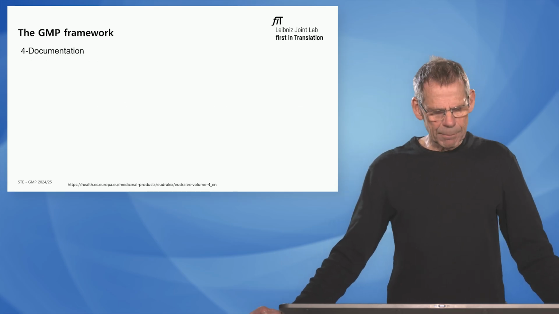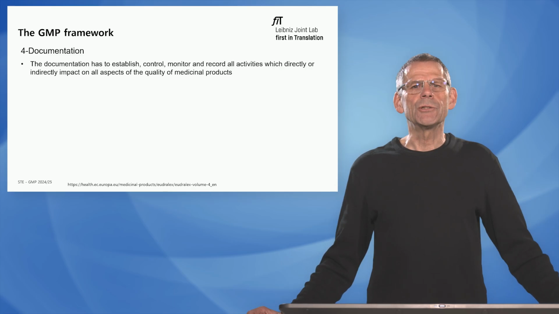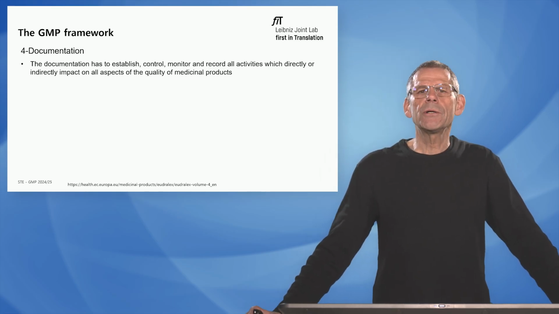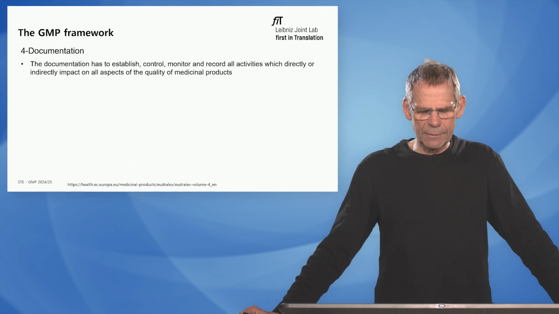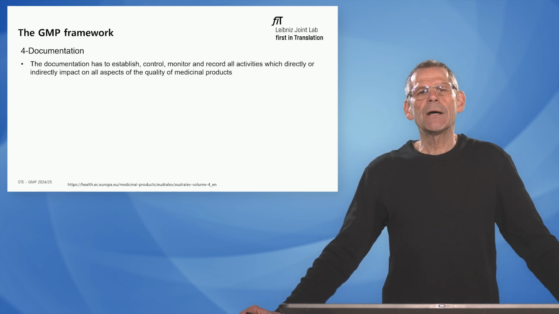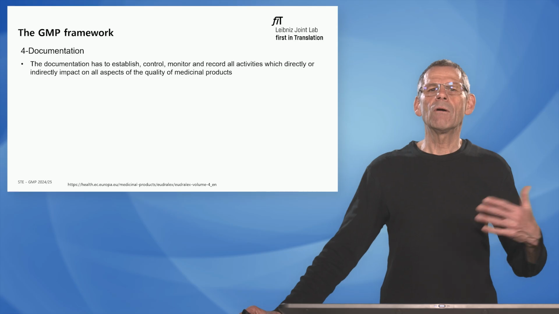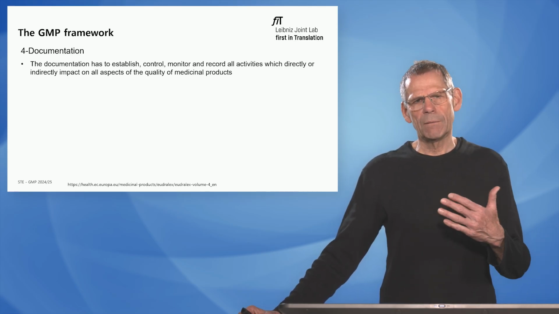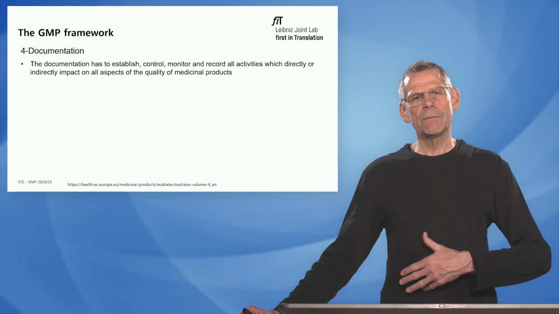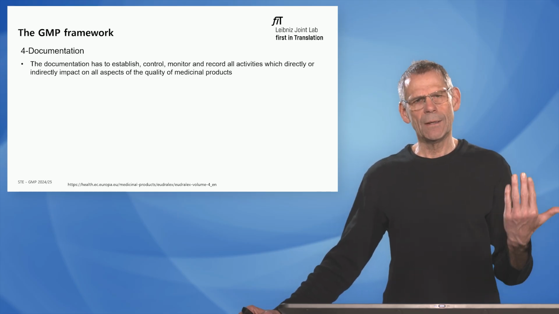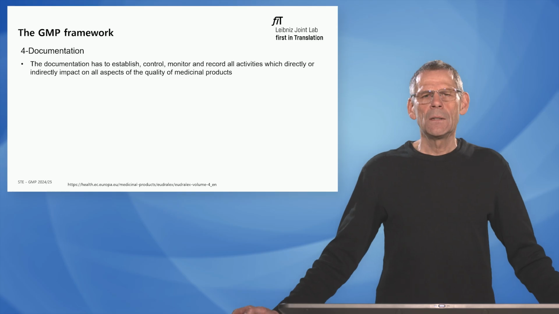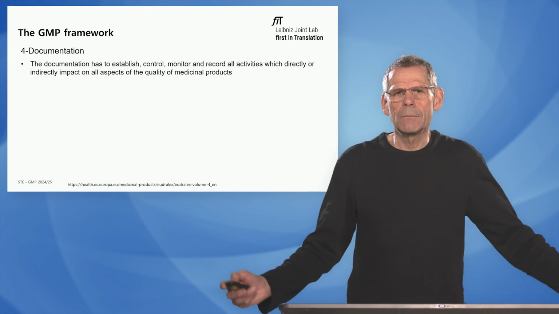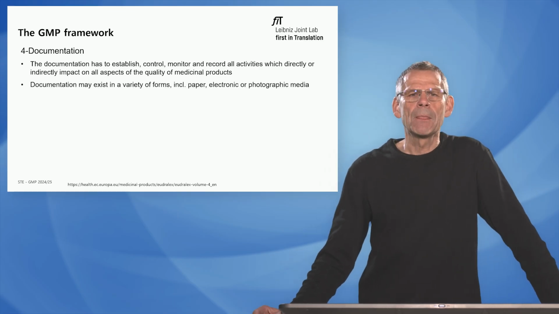So the fourth aspect of the GMP is the documentation. The documentation has to establish, control, monitor and record all the activities which directly or indirectly have an impact on all aspects of quality of the medicinal product. So the important aspect here is that we are able to trace back where materials are coming from, what happened to the materials, and what could happen unexpectedly to the product.